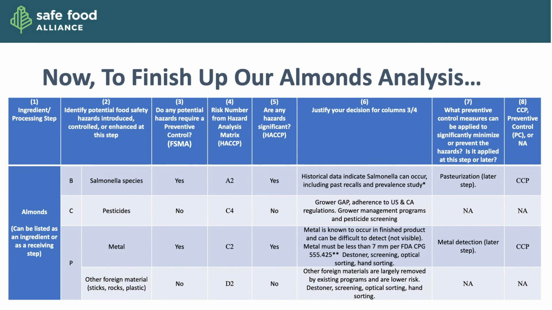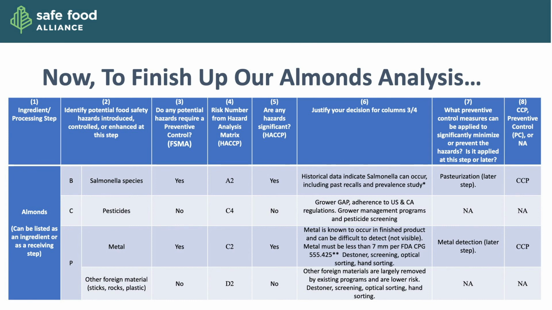So now we're at the point of wrapping up or finishing up our hazard analysis. We're now looking at using the CCP determination tool or the CCP decision tree to ultimately answer the questions in column 8, which is: is this step a CCP or preventive control for FSMA, or is it not applicable?